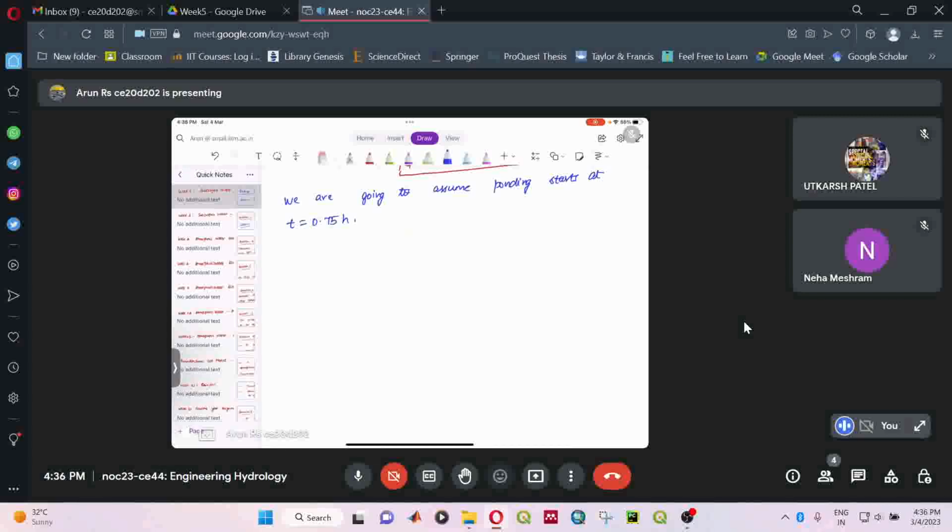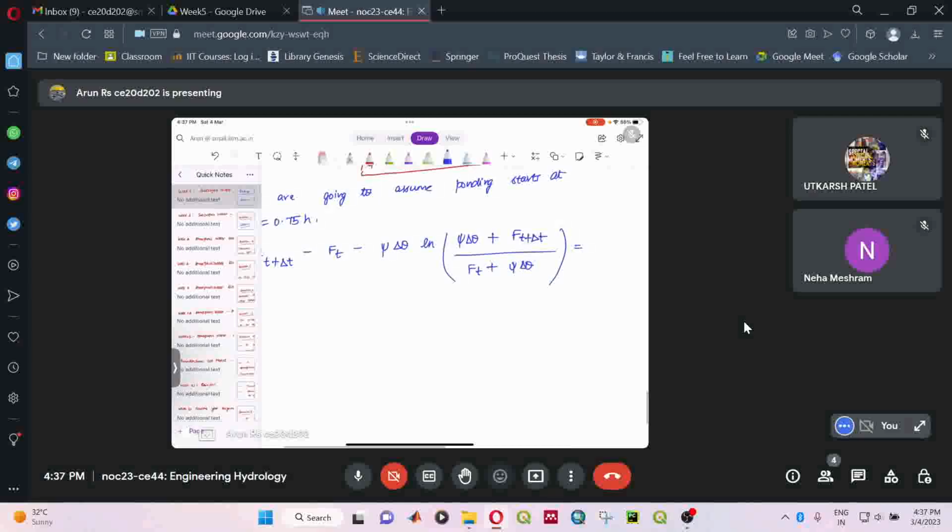So that is an iterative equation. F at t plus delta t, the cumulative infiltration depth for the next time step, minus the cumulative infiltration at the current time step, minus psi delta theta into natural log of (psi delta theta plus F at t plus delta t) divided by (F at t plus psi delta theta), is equal to K into delta t.